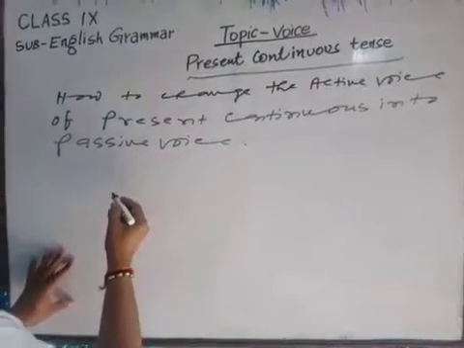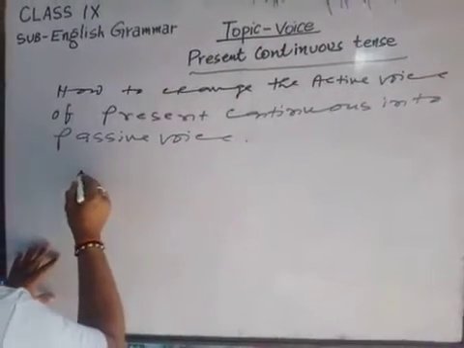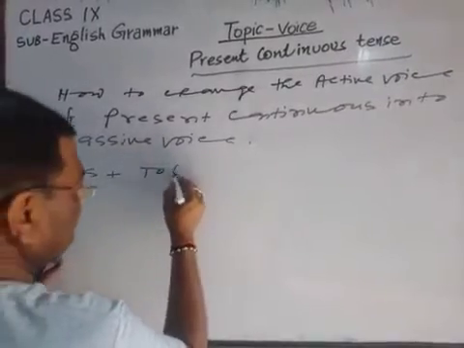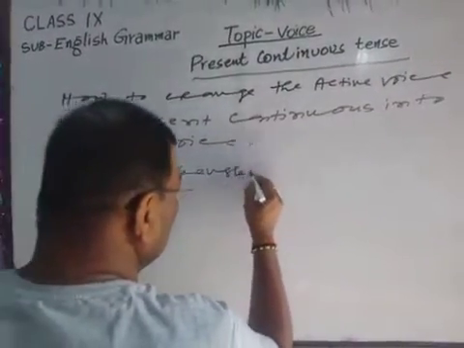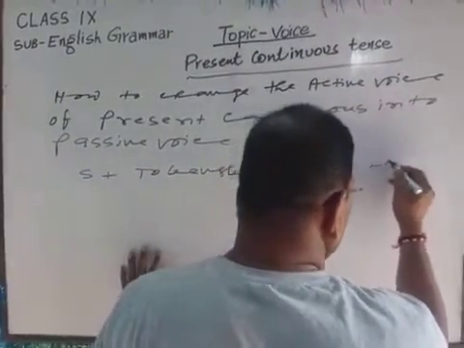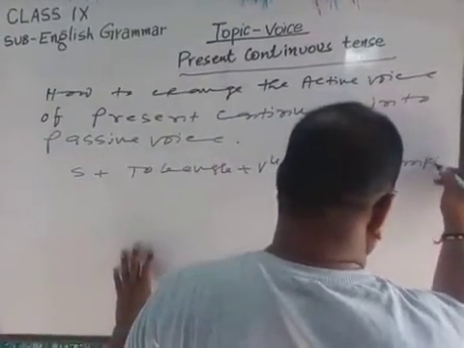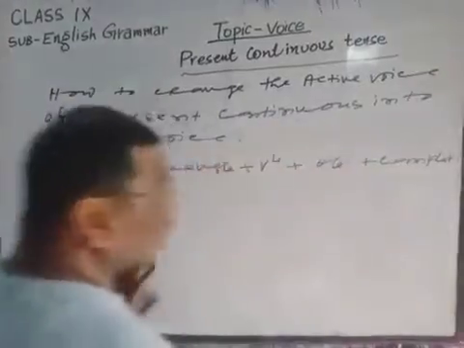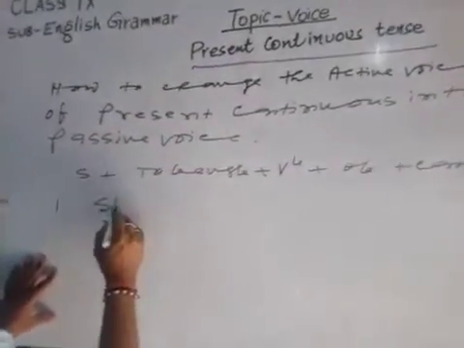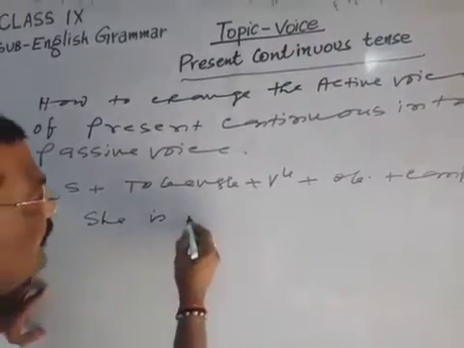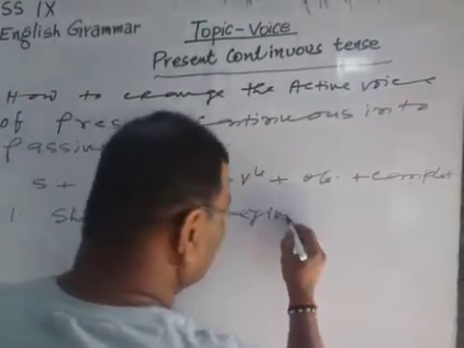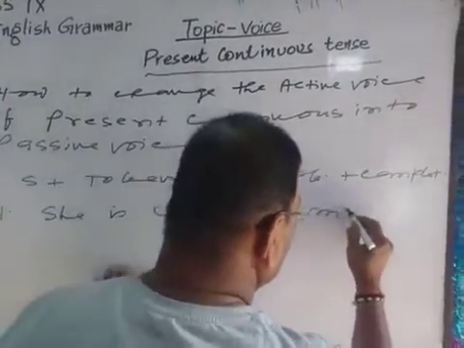Now the structure of active is subject plus to be verb plus V1 plus ing plus object and complement. Then full stop. She is conveying my message.